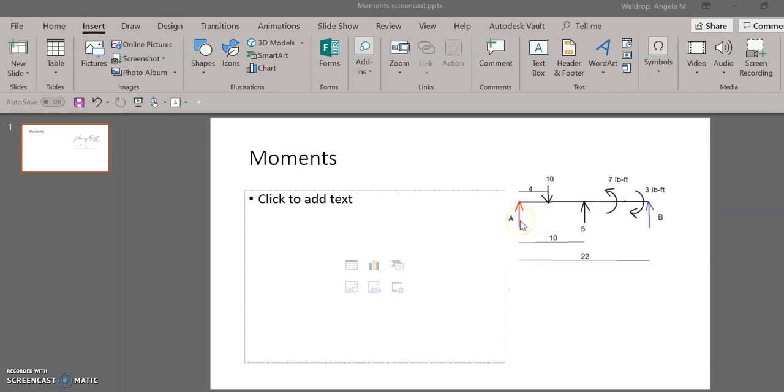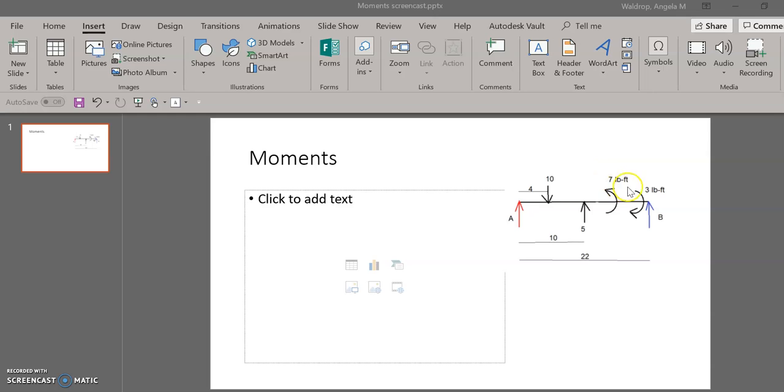So the first couple forces I want to mention are the ones that are color-coded. I have this A that's pointing up on the left side, and over here on the right side I have this B pointing up. These are my two unknowns which we'll need to determine. The next force that I have is this 10 that's here, and that's 4 feet from A. We've got this 5 pounds, which is 10 feet from A. We've got two moments that are sitting here as well.